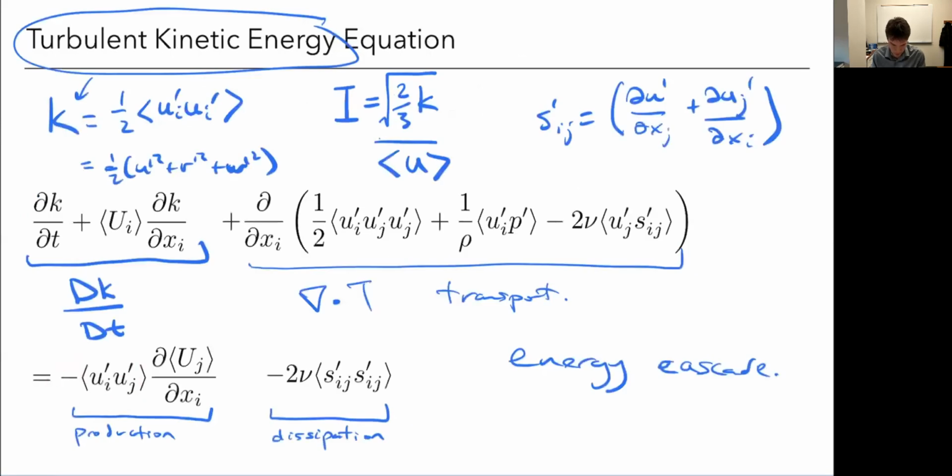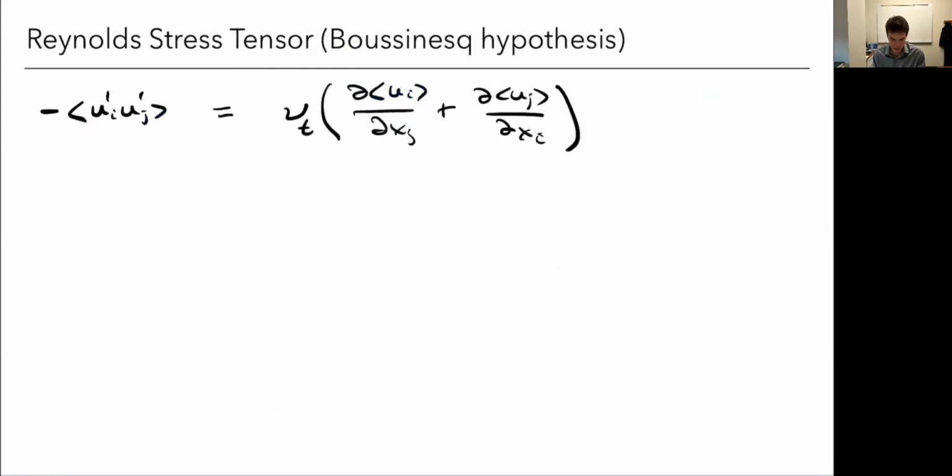It also appears here as a minus. So I'm taking that stress tensor and making it look exactly like the stress tensor that I have normally. It has this partial u_i with respect to x_j, except I use the average quantities, and instead of using the regular viscosity, I'm going to make up this new term, which we'll call the eddy viscosity. So that's going to be another parameter.